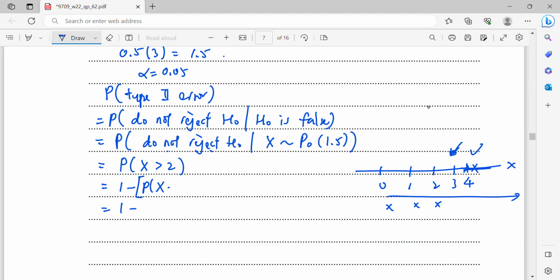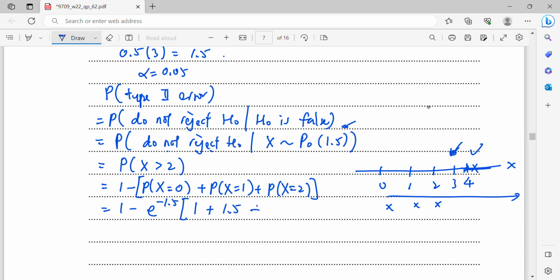So P(X=0) plus P(X=1) plus P(X=2), provided it is Poisson distributed. Now the formula is going to be e^-1.5. When P(X=0), after you have factorized the exponential, left 1. When P(X=1), after you have factorized the exponential, it will be 1.5.